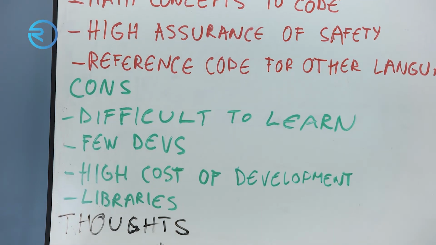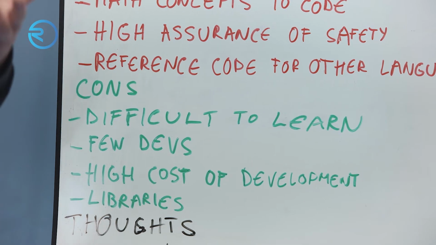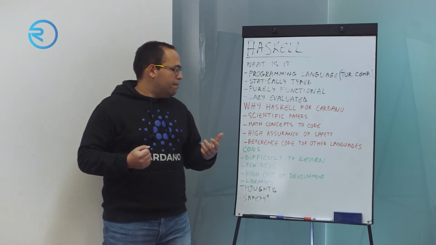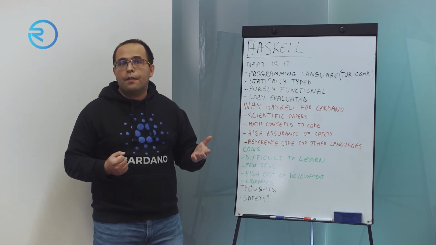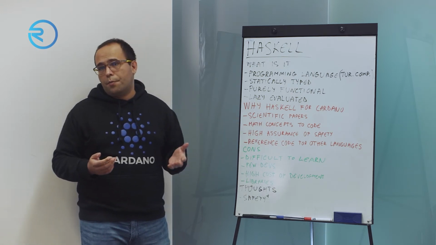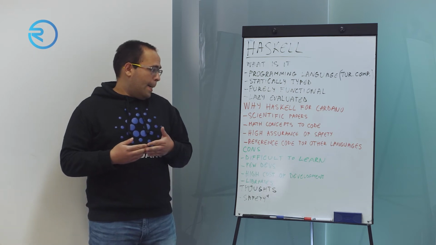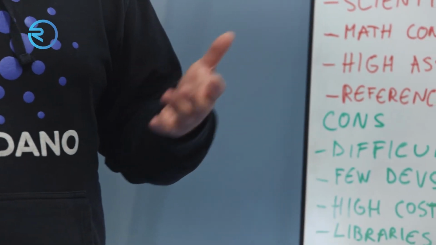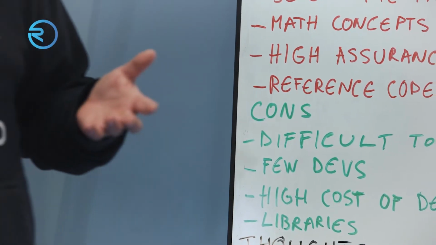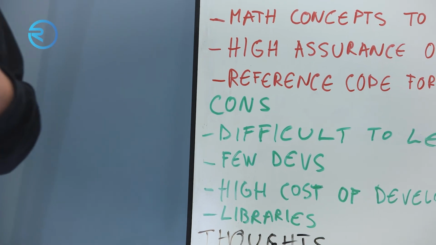Because of this difficult-to-learn reputation, there are not so many Haskell developers on the market compared to other programming languages. Because there are not so many developers out there, the cost of development is higher, because fewer devs, of course, increase the prices.